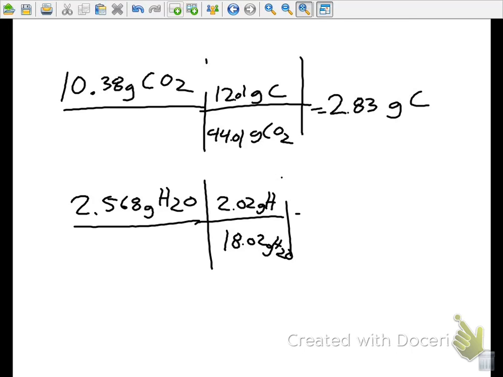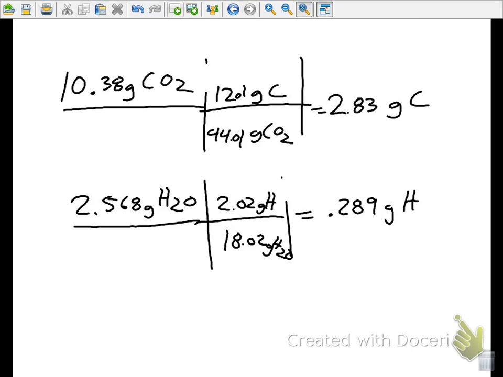And so I do my calculation, and the hydrogen I find out is 0.289 grams. Any questions at this point? Now later on I'll have to take those weights and convert them into moles, but let's do oxygen.